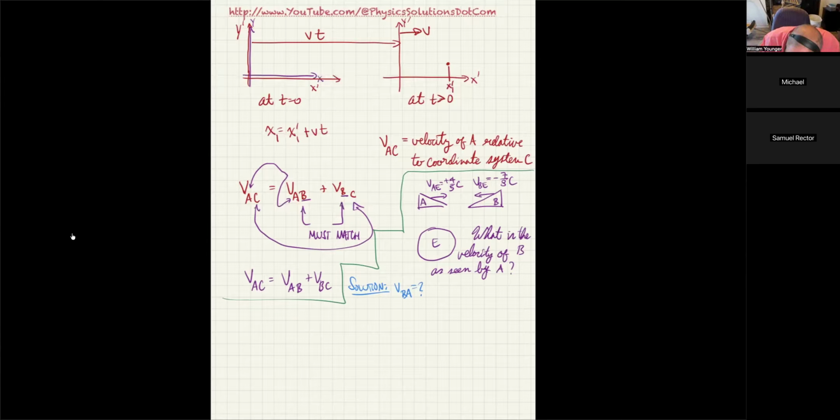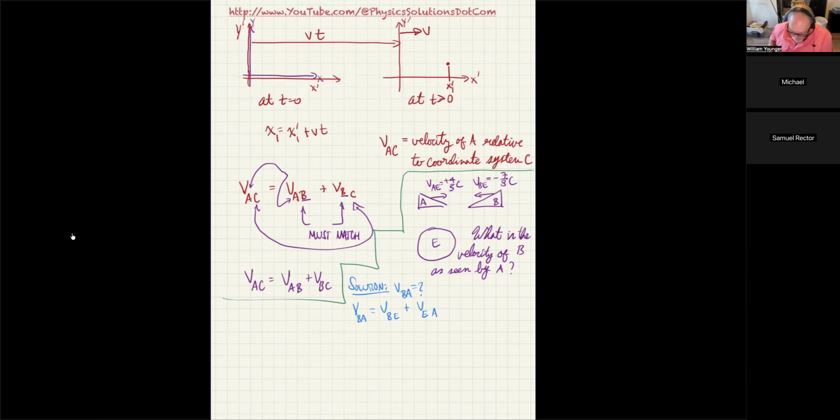According to our rule for subscripts, velocity of B as seen by A has got to equal the velocity of B as seen by something plus the velocity of something as seen by A. So I need something that matches. When I look up, I see that I have a VBE, so that might be a good idea. So I'll put the E in here, but if I put the E here, that means the E has to go here as well. So that's exactly right.